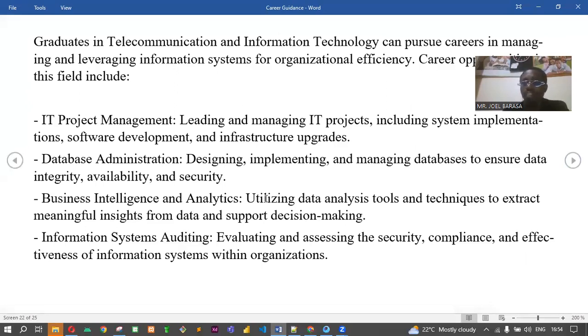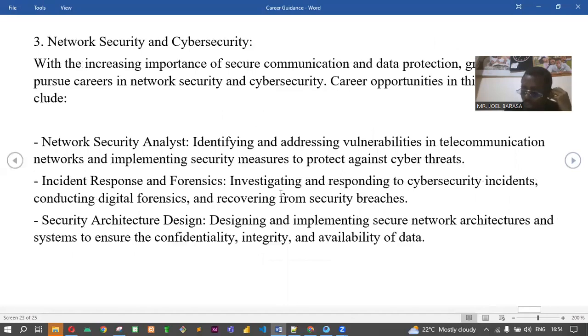You also help companies to make decisions. You become a consultant to companies and so on. Information systems auditing, evaluating and assessing of security systems, compliance in terms of law, and also in terms of IT laws and other things, effectiveness of information systems within the organizations and so on. All those are the ones that you deal with.